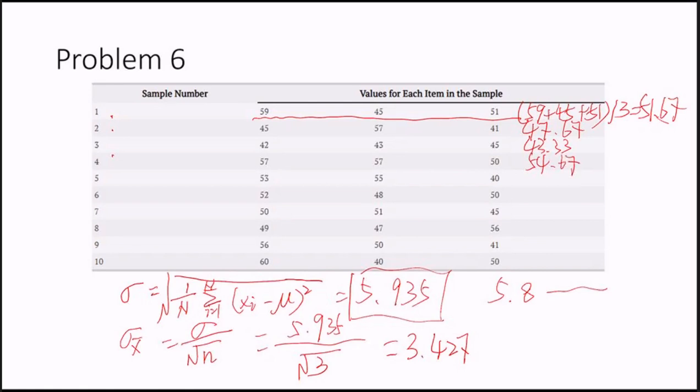You can choose 2 decimals, 3 decimals, or 4 decimals. If you want to be more accurate, you can have longer decimals here.